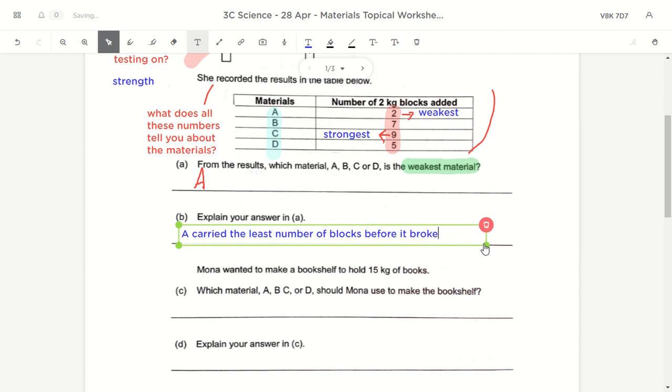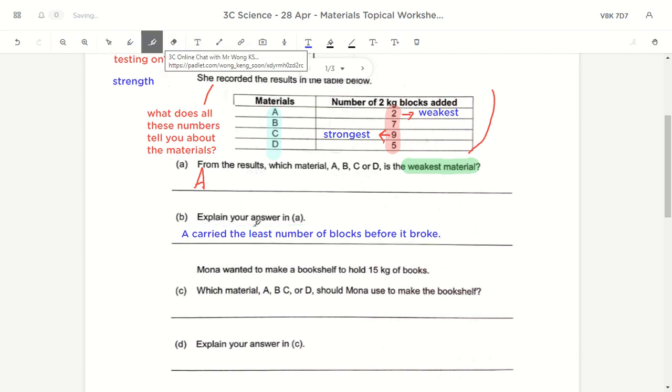Some of you tell me that A carried only 2 blocks, but you're just telling me about A. I need you to compare between A, B, C, and D. That's why I use the words the least number of blocks. When I say the least number of blocks, I'm actually comparing it with the other materials, B, C, and D. So A carried the least number of blocks means it is the weakest material.